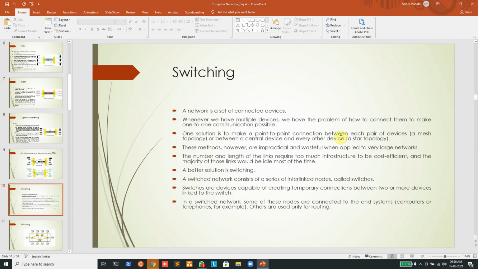Or we can use a central device like a hub, and form a star topology, if you remember. But these methods are very impractical and wasteful when applied to very large networks.